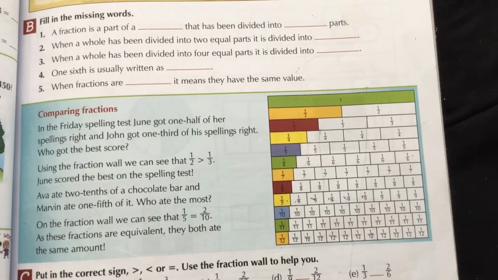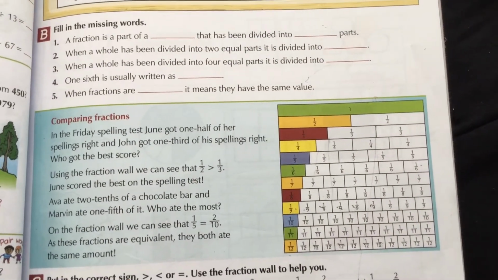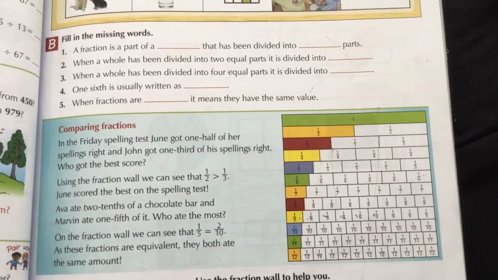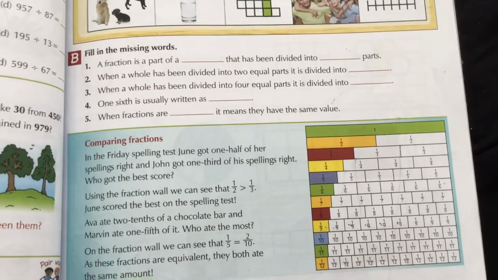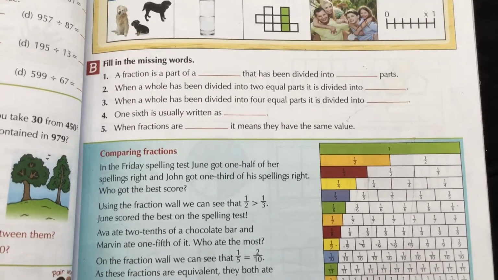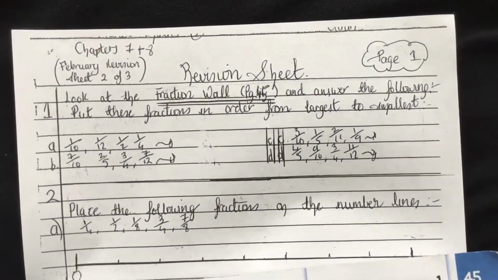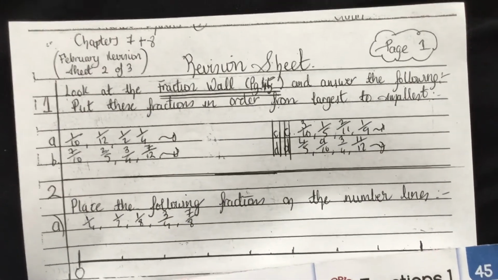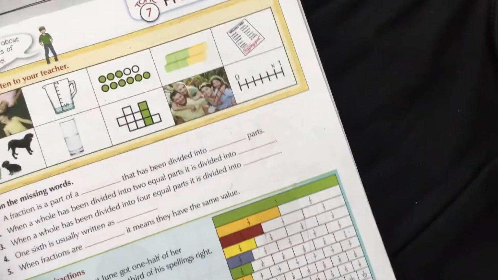And they're asking you to put those in order, just 4 of them, from the largest down to the smallest. And then you go to B: 7 tenths, 2 fifths, 3 quarters, 7 twelfths, and 4 fifths. Then you have 3 tenths, 1 fifth, 2 elevenths, 1 ninth, and then 4 fifths, 9 tenths, 3 quarters, and 11 twelfths.